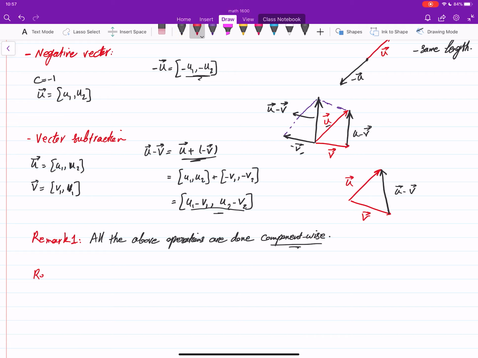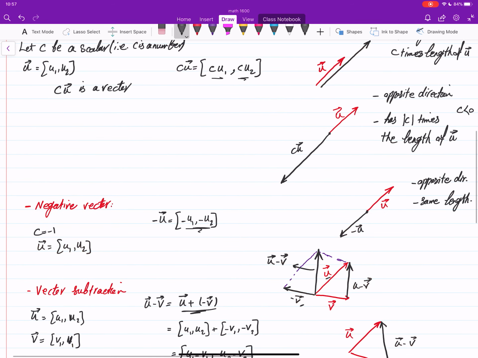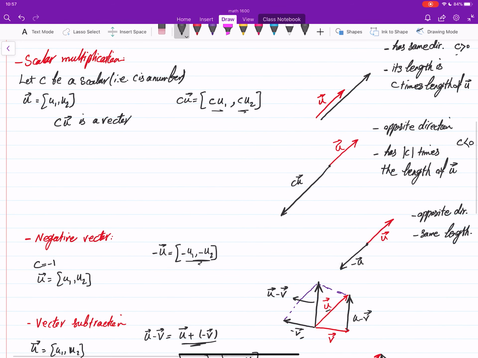That's the first remark. Remark 2 is, when you multiply a vector by a constant, so scalar multiplication, these two vectors, cu and u, doesn't matter if c is negative or positive, cu and u are going to be parallel.